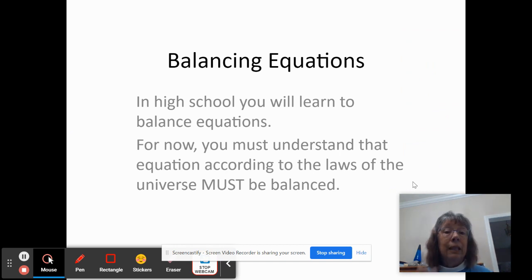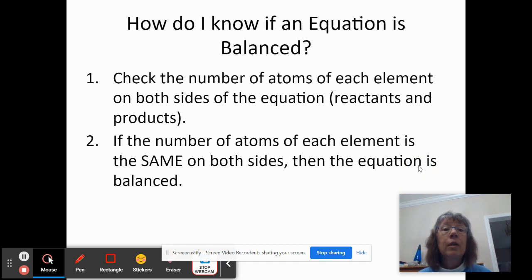But for now, you have to at least understand that the equation, according to the law of the universe, must be balanced. How do you know if an equation is balanced? Check the number of atoms of each element on both sides of the equation, the reactants and the products. And if the number of atoms of each element is the same, then the equation is balanced.